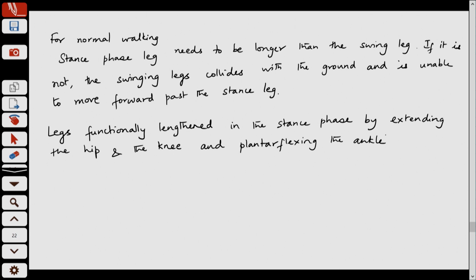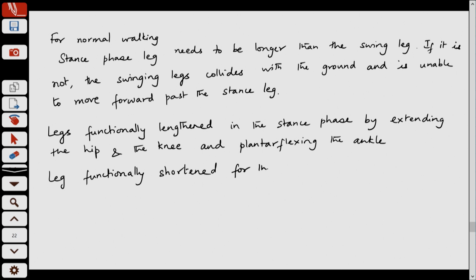In addition, so this is for the stance leg. The leg is functionally shortened in the swing phase. So, you have both mechanisms happening, lengthening on one side, shortening on the other to ensure that.